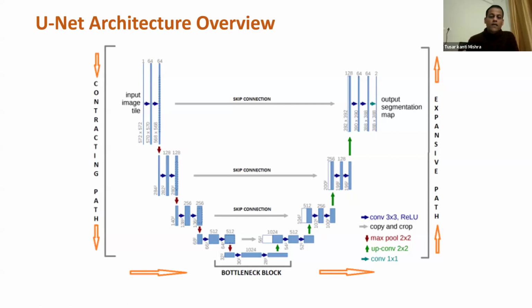There are convolution and pooling happening, using the same concept of CNN. I hope all of us are well aware of the CNN architecture and its working principle, as a prerequisite.